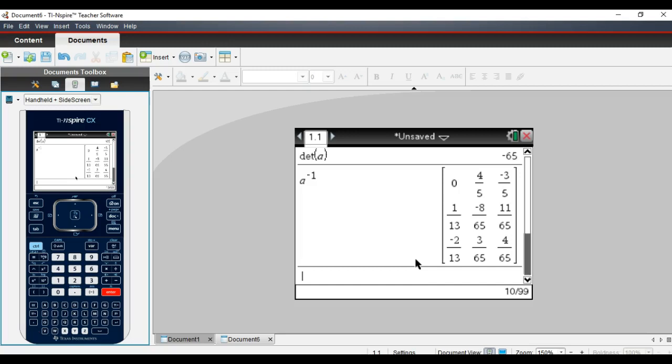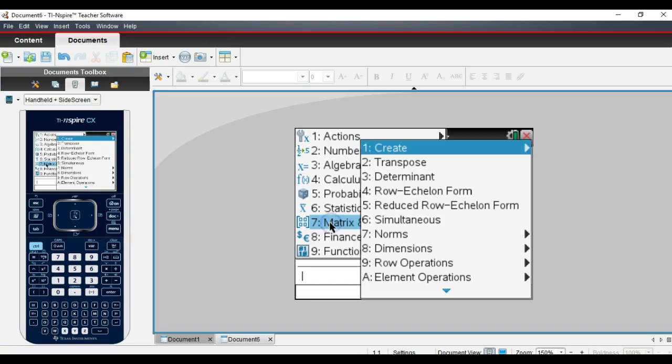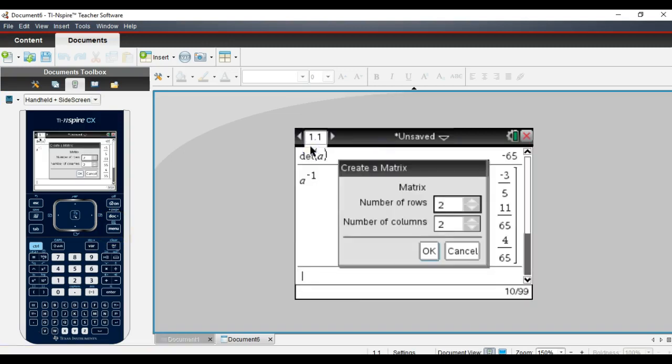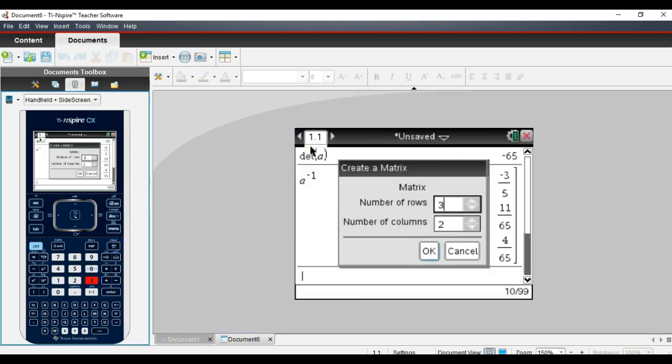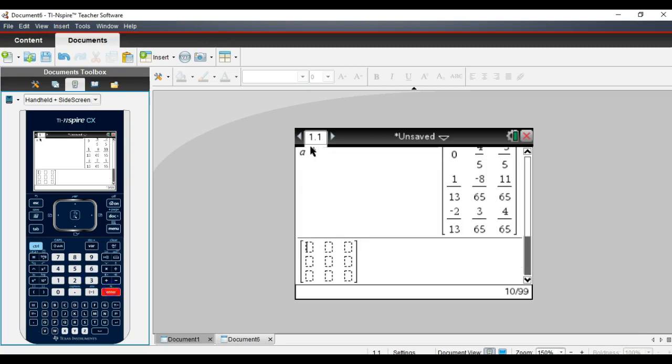So let's just put these matrices in. I've got to multiply the 3 by 3 times the 3 by 1. So let's create a new matrix, which is a 3 by 3.